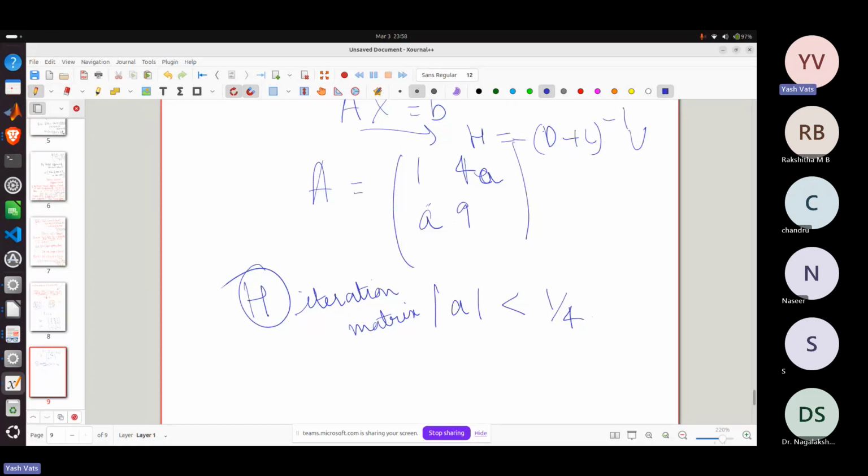So you need to calculate H and then find the eigenvalues of H. First find H, and then find eigenvalues. Have you done that? Okay, I will do this also, sir. I just didn't do this part.